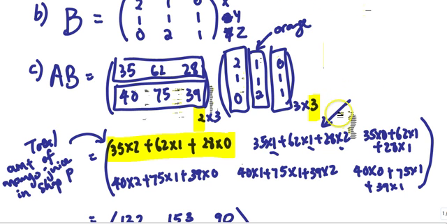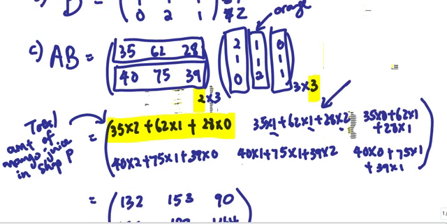So this is about the total amount of orange juice in shop P.